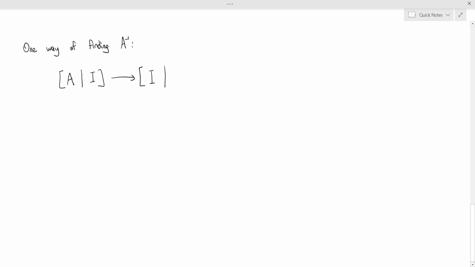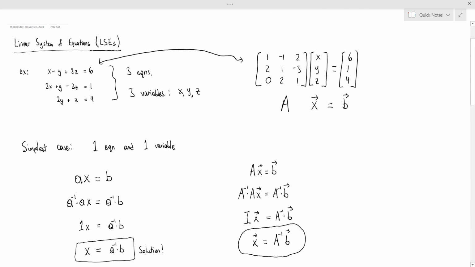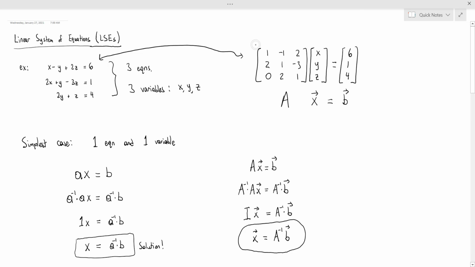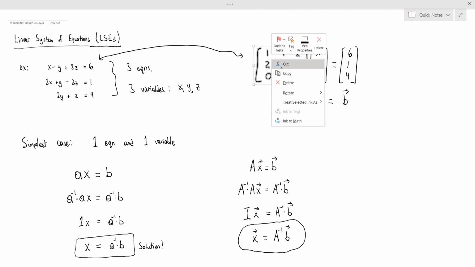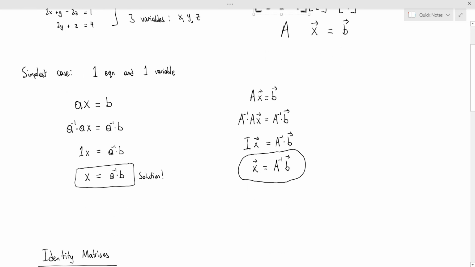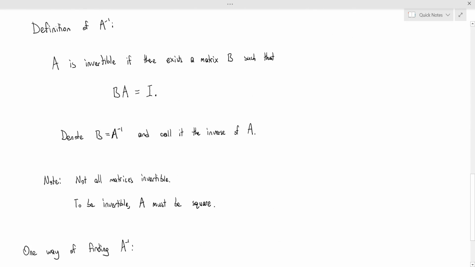Then whatever you end up with on the right will actually turn out to be the inverse of A. So I'm going to illustrate that using the example that I started with. Let me take this matrix up here, and let's try to find the inverse of this guy.